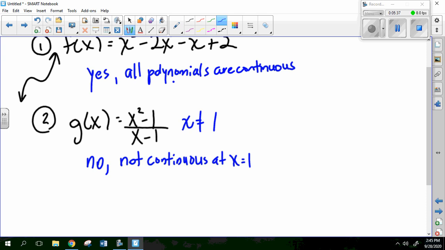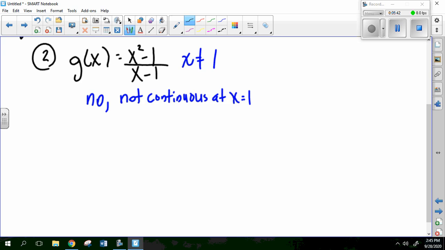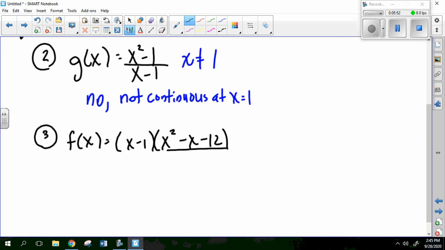How about this one? f of x equals x minus 1 squared minus x minus 12, all over x squared minus 5x plus 4.